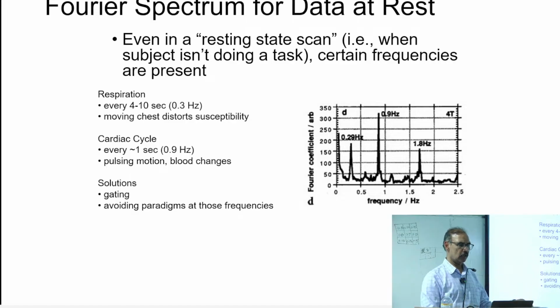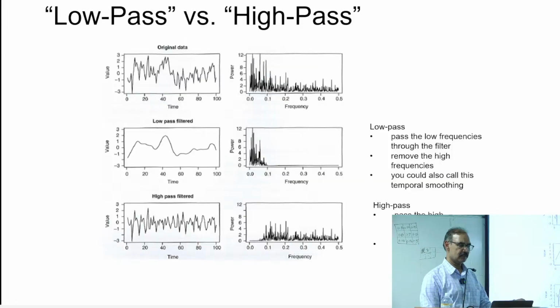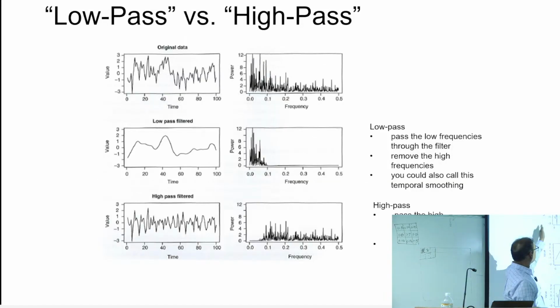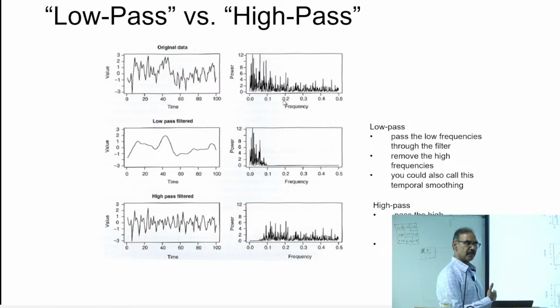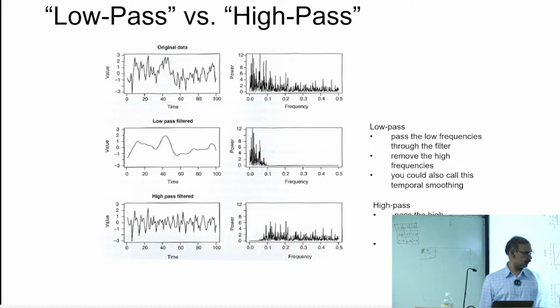Or you could do low pass versus high pass. Just showing again, this is the original data, and that's the frequency spectrum. This is using the low frequency spectrum. You can run the correlation analysis. And for the high pass filtered data, this is how the frequency spectrum looks.